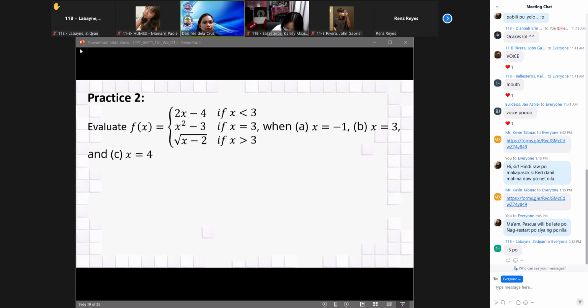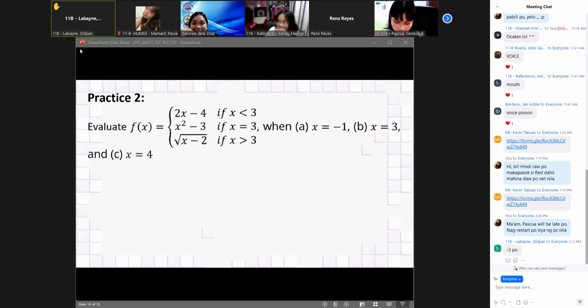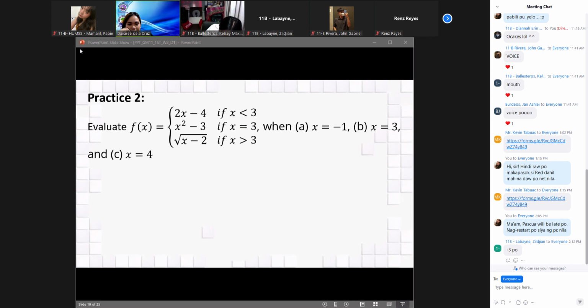Labayne, may sagot ka na agad? Yes, ma'am. Kalma lang kayo, wala kayo sa quiz. Talaga naman si Labayne, ang galing-galing sa math. Labayne, baka naman tinitignan mo lang yan.